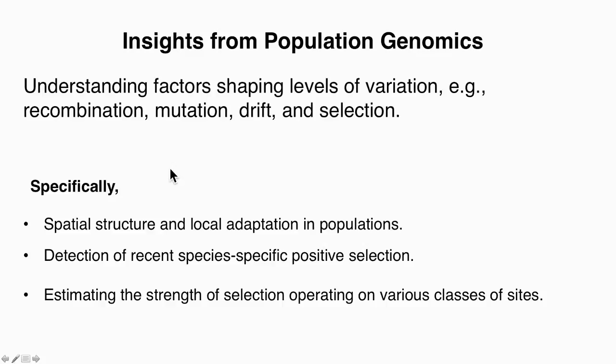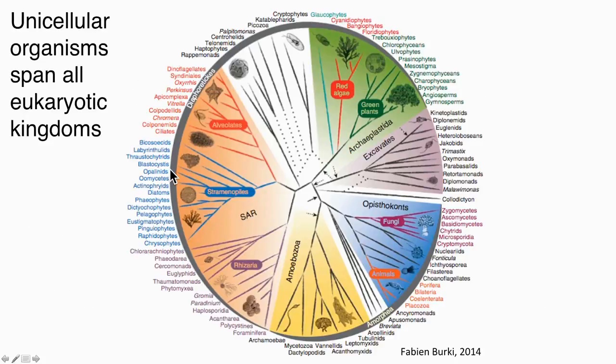Most such studies, however, have been restricted to multicellular organisms. Although unicellular organisms span all eukaryotic subgroups and comprise most of the phylogenetic diversity, as can be seen in this eukaryotic tree of life, they are heavily understudied.